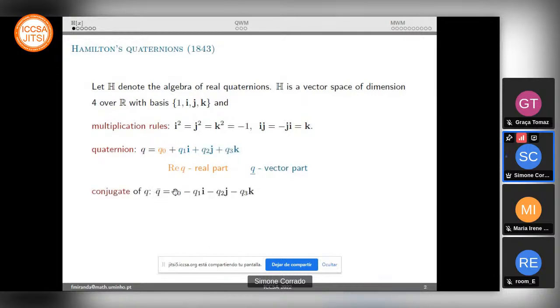The conjugate of q is this element here, and we also endow the algebra with a norm, defined this way. Every non-null quaternion q has an inverse given by this formula.